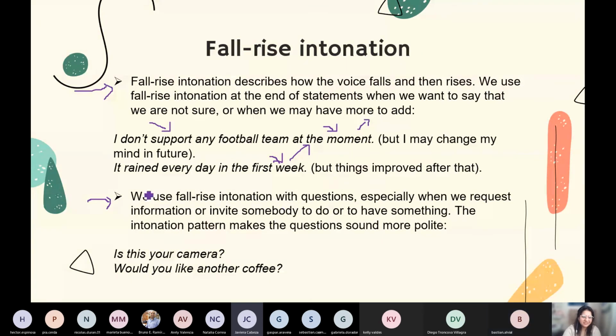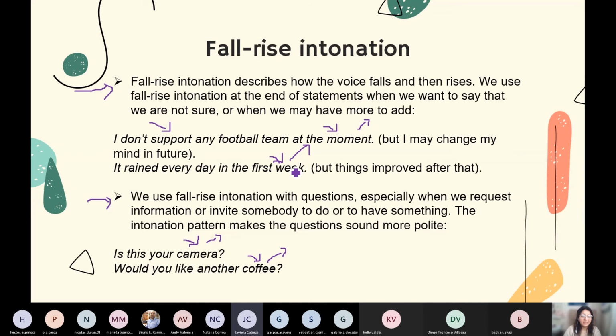It is exactly what you just read. We have a full tone and then we rise at the end. And this makes it sound polite. It's like you're asking in a very nice way, like, is that your camera? It's like you're showing interest. Or would you like another coffee?